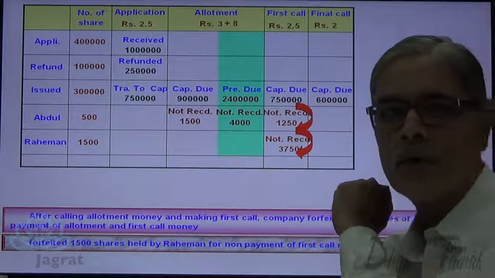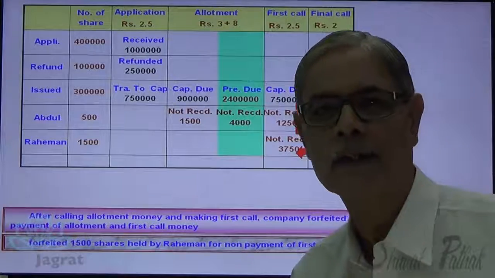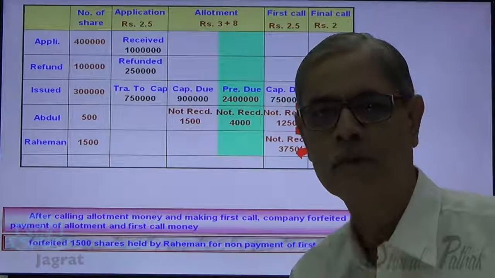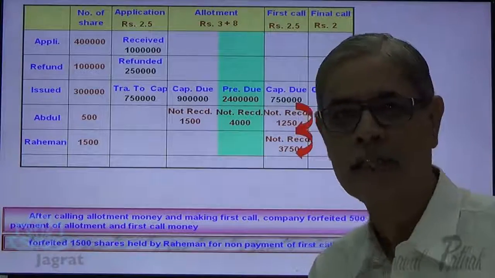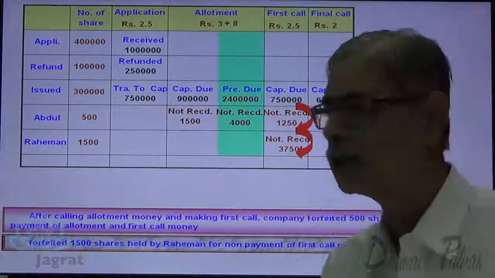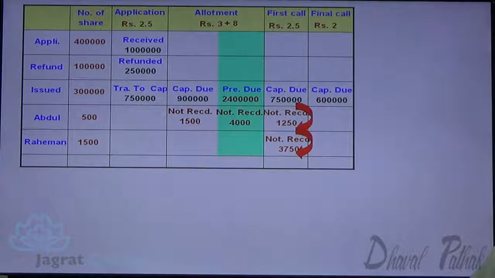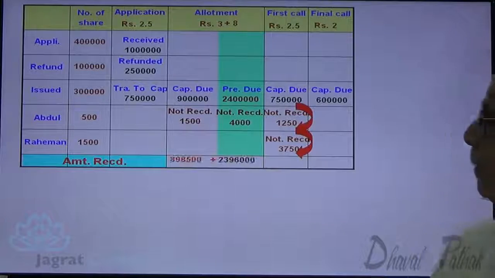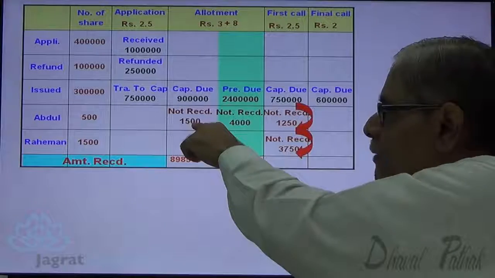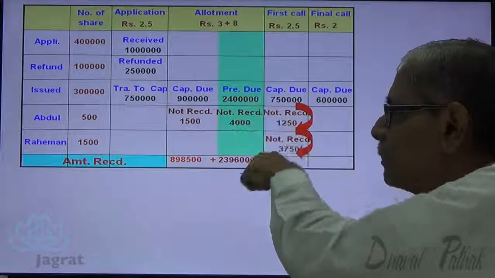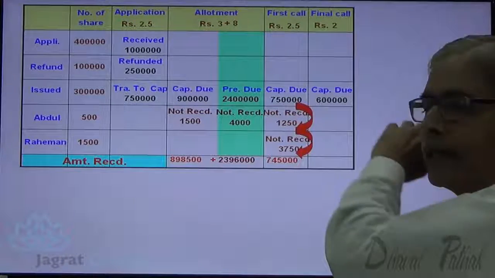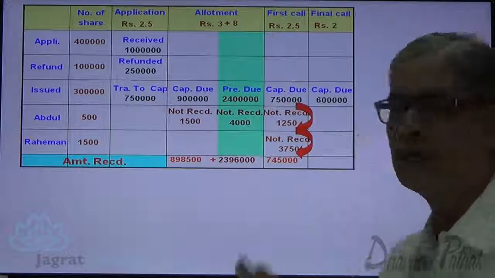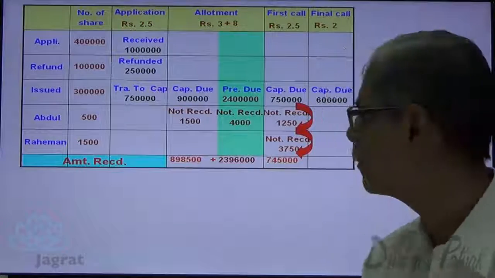So these shares are forfeited before demanding the final call. That's an important point that you should observe. Now let us find out the amount that has been received till first call. Here 9 lakh minus 1500, this is the capital received, this is the premium received. So 5000 deducted from 7,50,000, this is the amount received with first call.